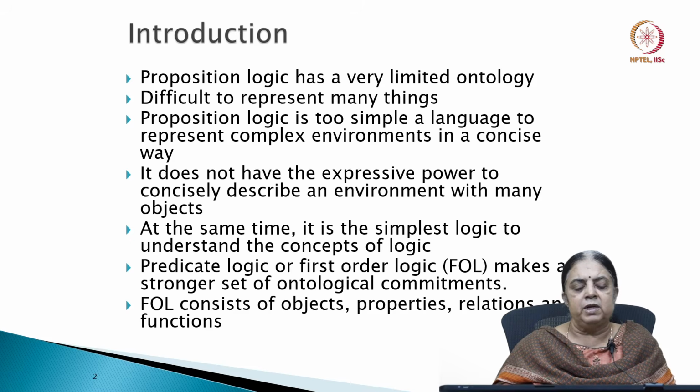So the predicate logic consists of objects and properties of objects and relationship between objects and functions. So it makes use of all these and makes it easier to represent things in the real world.